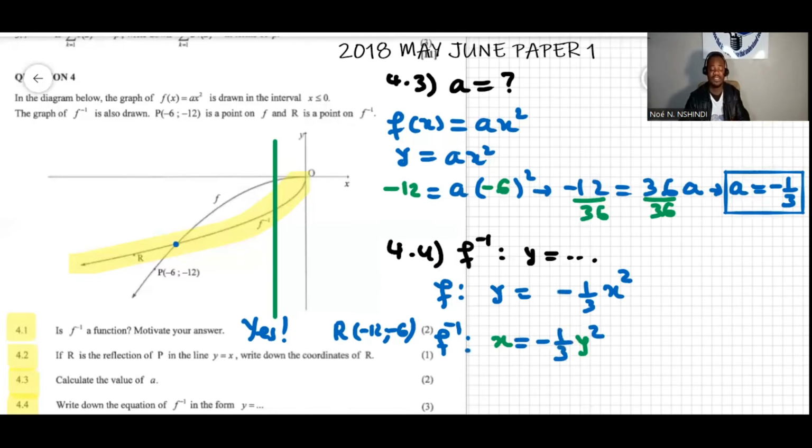Now I want to make y the subject of the formula. How can I do that?